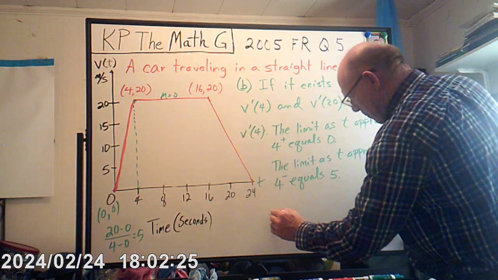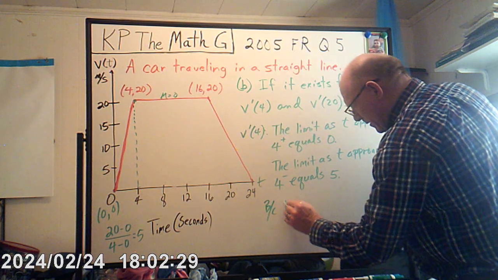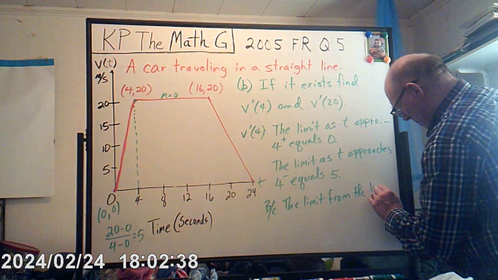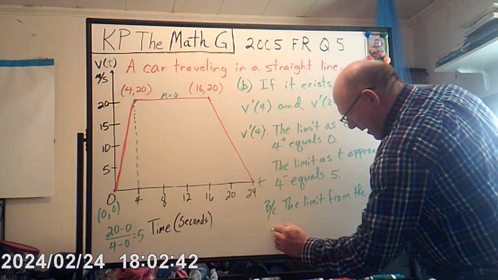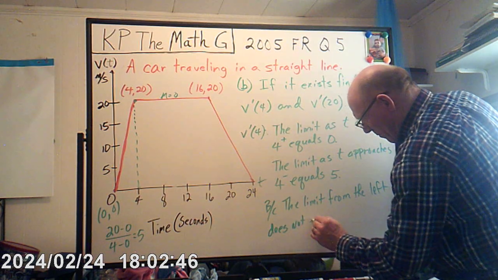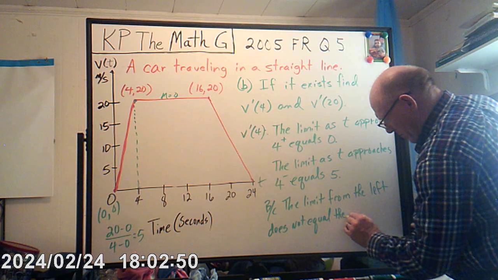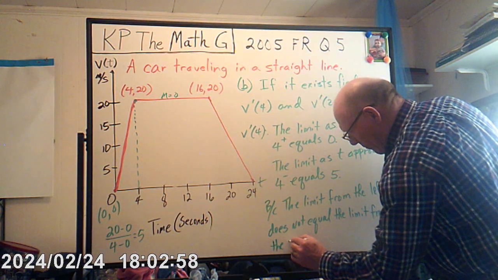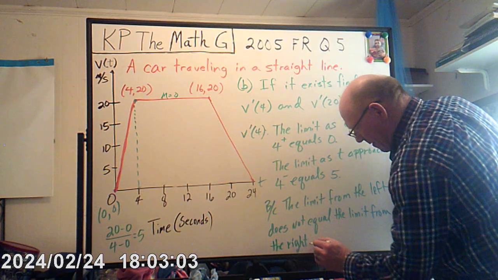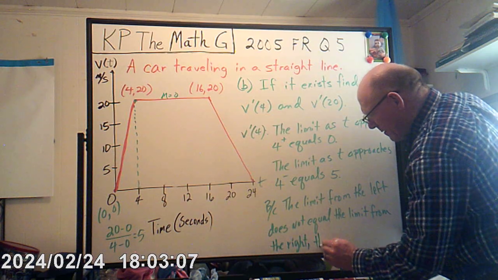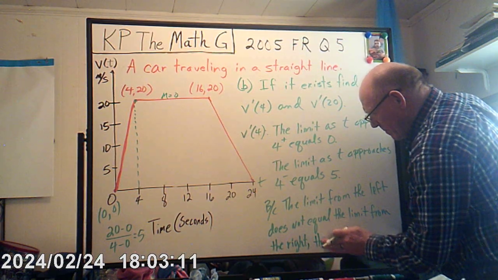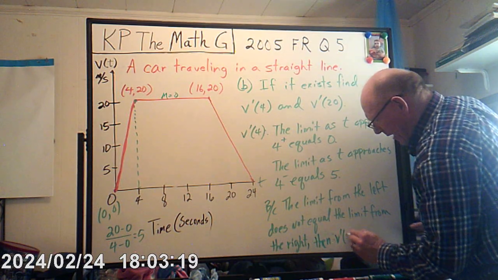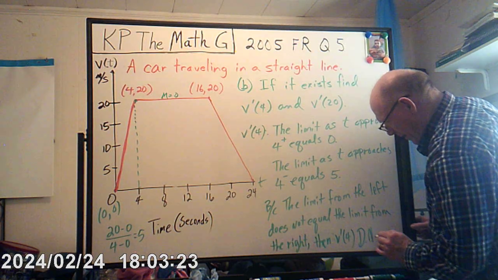And because the limit from the left does not equal the limit from the right, and there's probably a better way to write this out, then we are going to say that v prime at 4 does not exist.